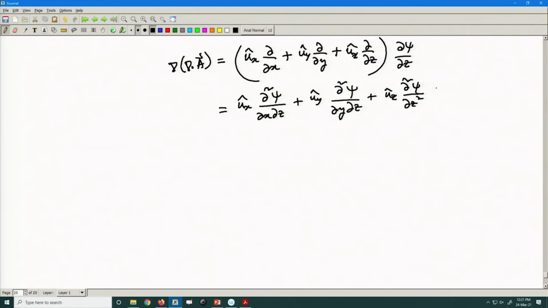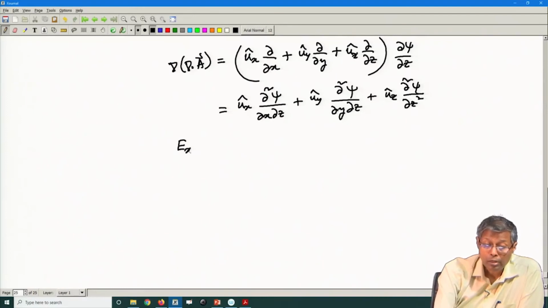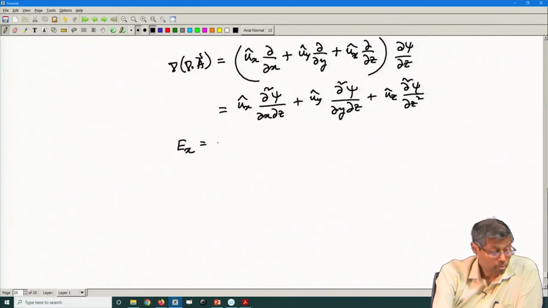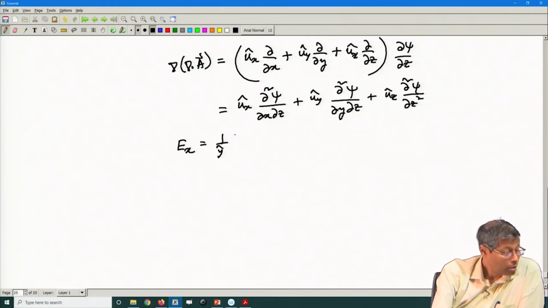So, therefore, from 32 we get E x equal to 1 by y cap del square psi del x del z, which we call to be 34a.